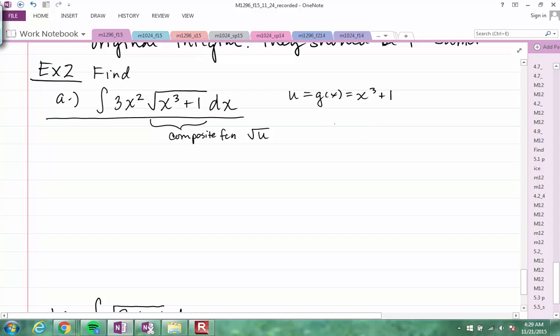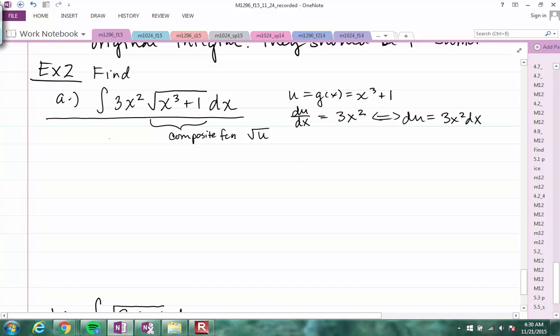So the next thing is find the derivative of u. It's 3x squared. Rewrite that as a differential, du equals 3x squared dx. Alright, now, is that exactly what we have for the rest of the junk, so that we can let dx and the other stuff in here be equal to du?